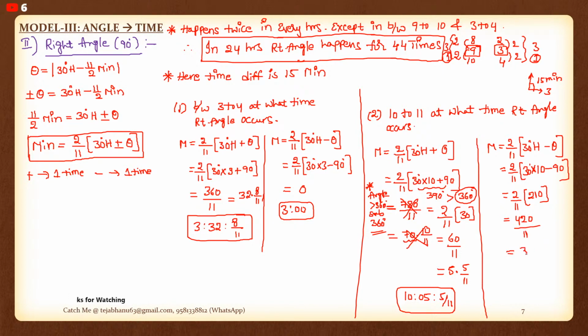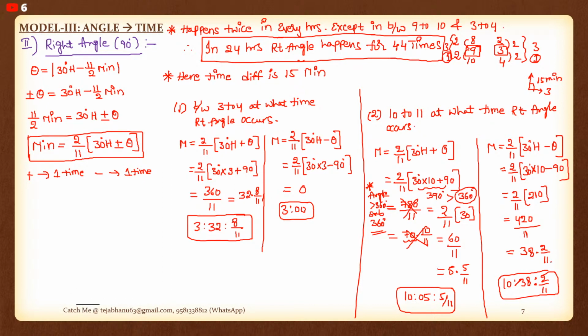So 11 threes are 33. 11 eights are 88. Remainder is 9. So 2 by 11, that means at 10 38 and 2 by 11, you'll get one more right angle.